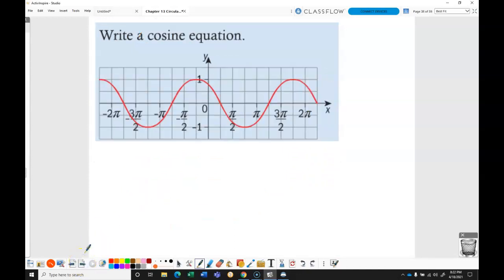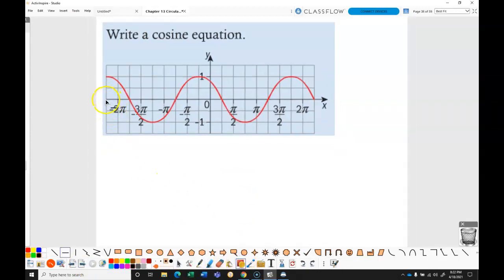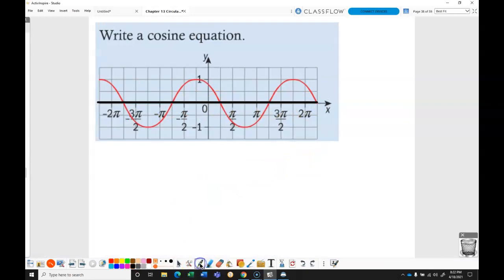Okay, so again, I want to always make sure I put a thought on that midline. So my highest point is 1, my lowest point is -1. So my midline is staying at the x-axis. Okay, so there's really nothing from the graph itself to tell you whether it's going to be a sine graph or cosine graph, because one is actually just a translation of the other, but the directions tell us that we need to write it as a cosine graph.